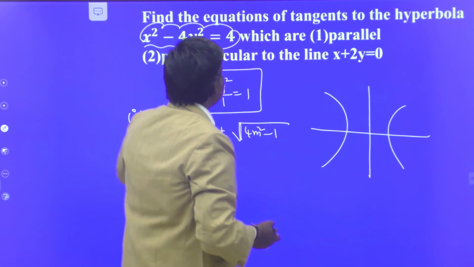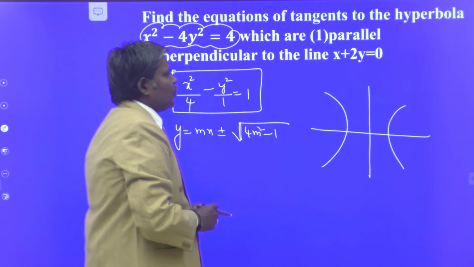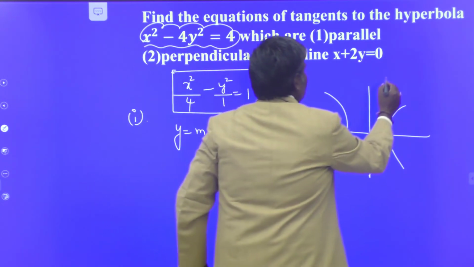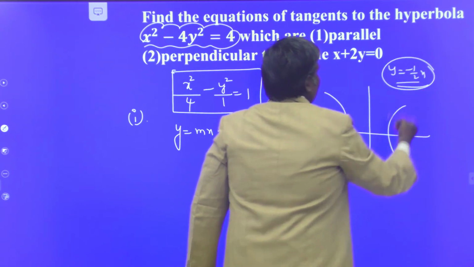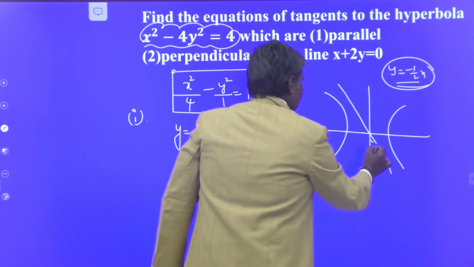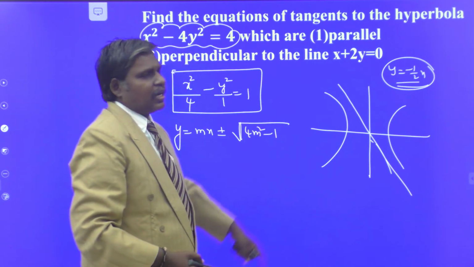Suppose this is the tangent which is parallel to my line x plus 2y equal to 0, which is the line y equals minus 1 by 2x. So suppose the line may be in this manner. Your tangent is parallel to that line.